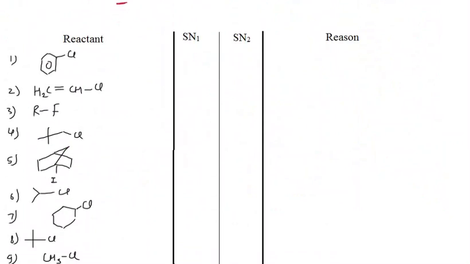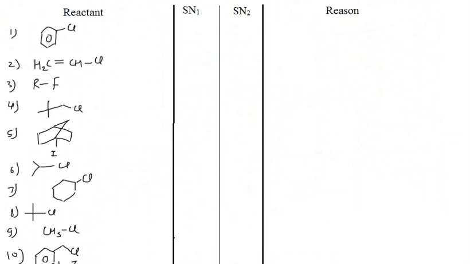Now let's see, if we have a reactant, how to decide whether it goes by SN1 or SN2. So if we have benzyl chloride, in case of chlorobenzene, we know there is resonance, it is stabilized by resonance.